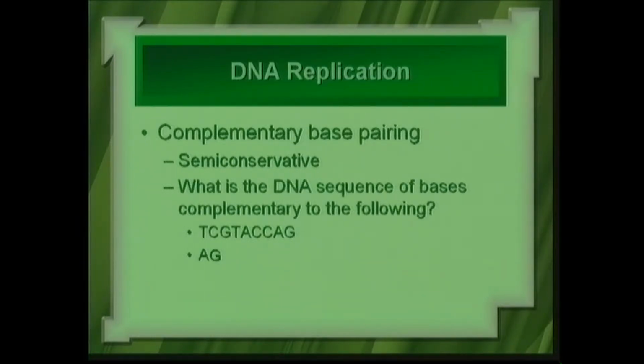G. What would pair with G? C, and so on. So you'd have A, G, C, A, T, G, G, T, C, this new strand being complementary to the other. If T pairs with A, C pairs with G. That happens almost all the time.